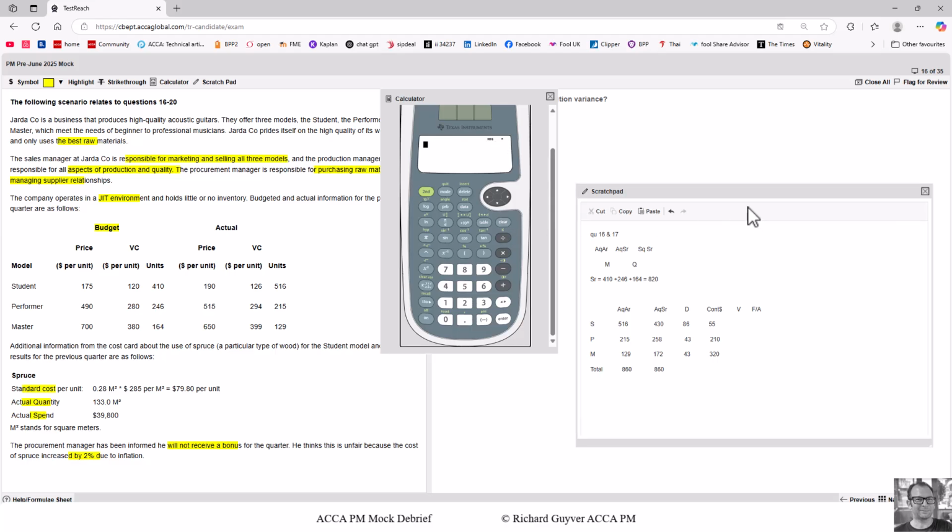So back to my calculator, 86 lots of 55 is 4730. Next line is 43 by 210, which is 9030, and then finally 43 by 320 is 13760.